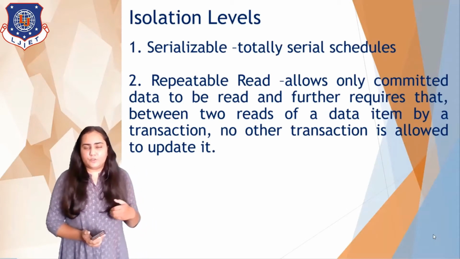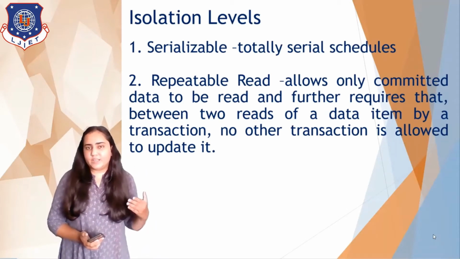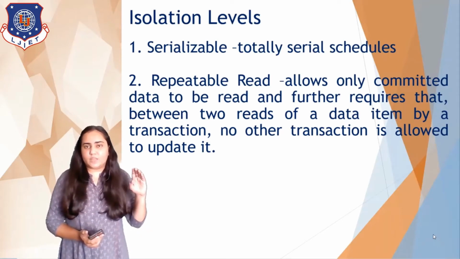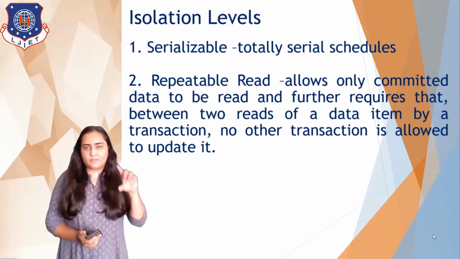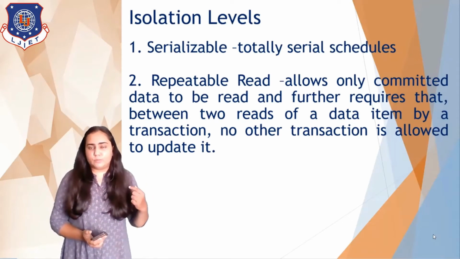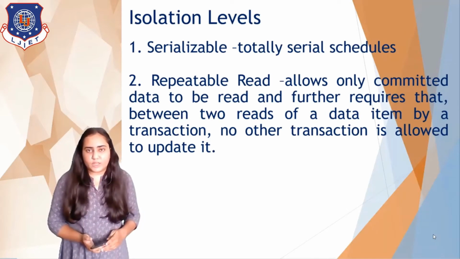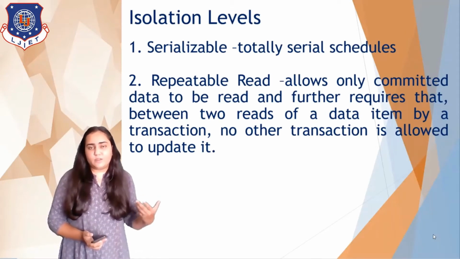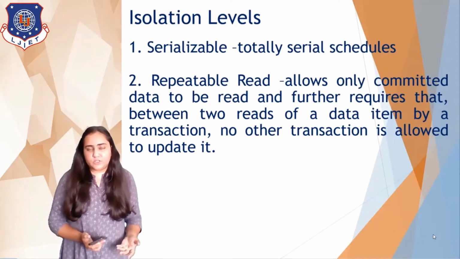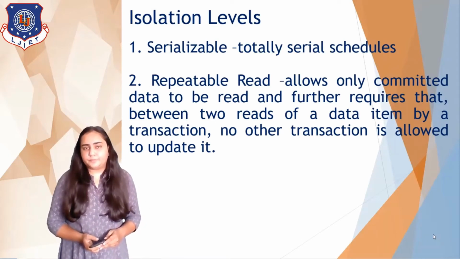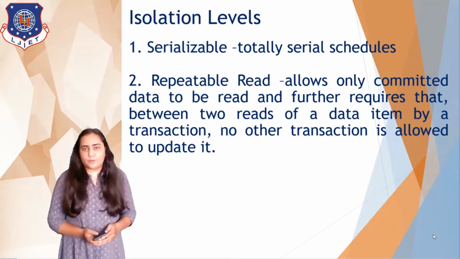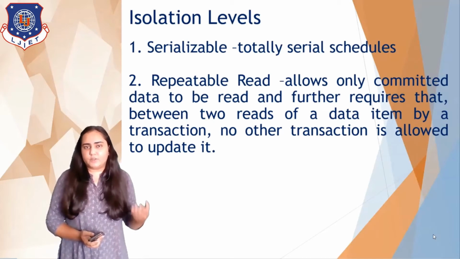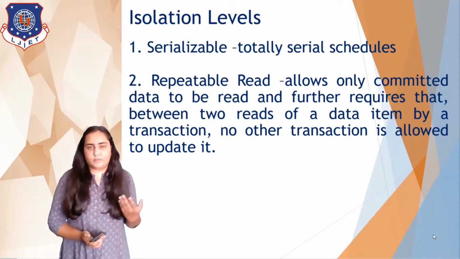So if I have transaction T1 and it is reading a data item A twice, then in the period between the first read and the second read, no other transaction should be able to update that data item, so that T1 gets the same value both times, unless T1 itself changed something in that data item A. This is known as repeatable read isolation level, which has slightly less isolation than serializable level and more concurrency than the serializable level.